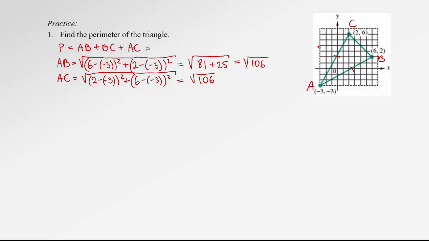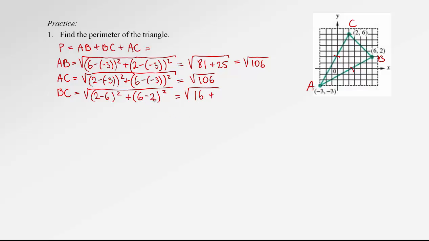Okay, let's find side BC. That equals the square root of, and we go 2 minus 6 squared, plus 6 minus 2 squared. Okay, so what do we have here? 2 minus 6 is negative 4, but when we square it, it's the same as 4 squared, which is 16.